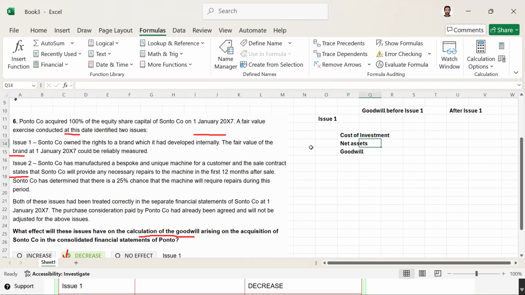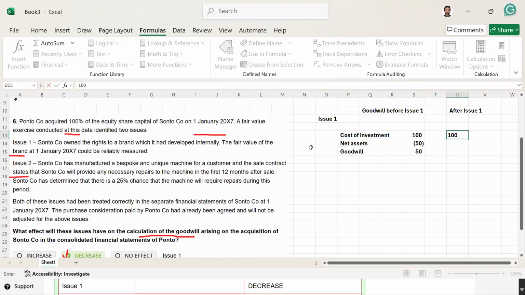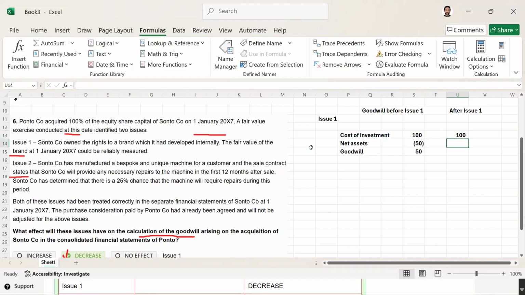This is a simple thing when there is no issue. The cost of investment is 100, the value of the net assets is 50, the goodwill is 50. Fine. Any problems with that? This is straight working. Now, the issue 1 has taken place. The cost of investment is the same, but the net assets have increased. Why? Because there is this internally generated brand, which we will recognize as an asset.